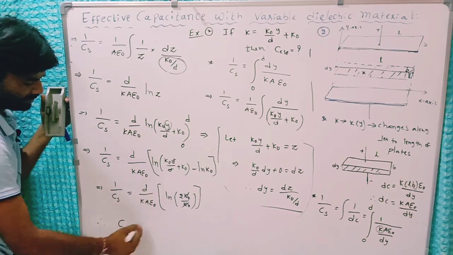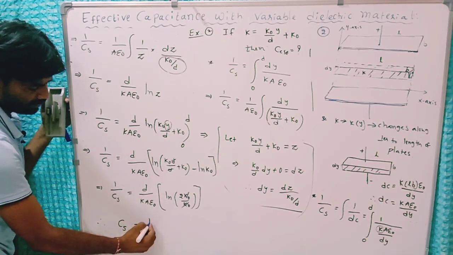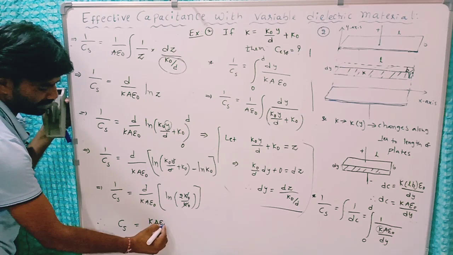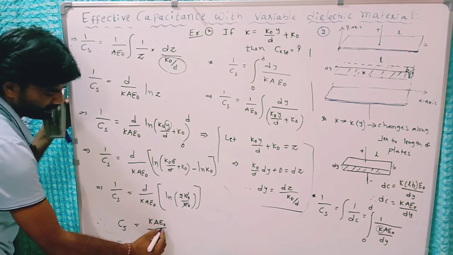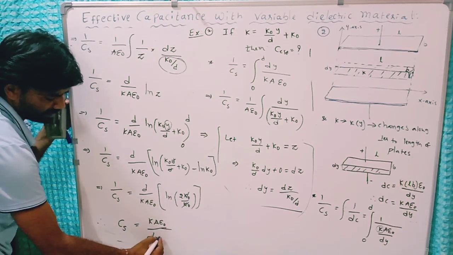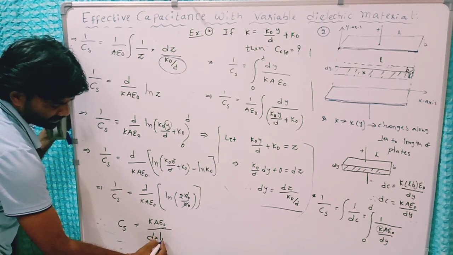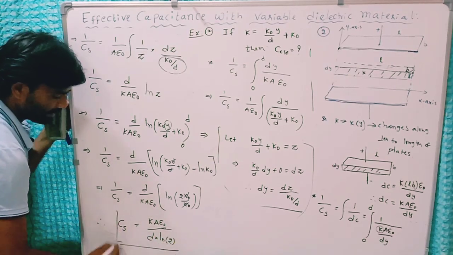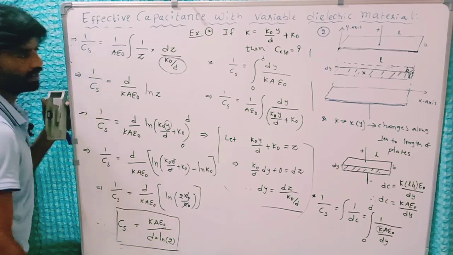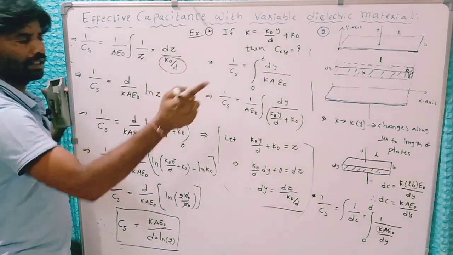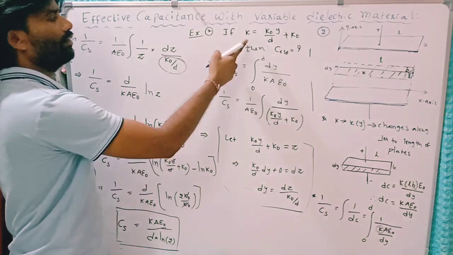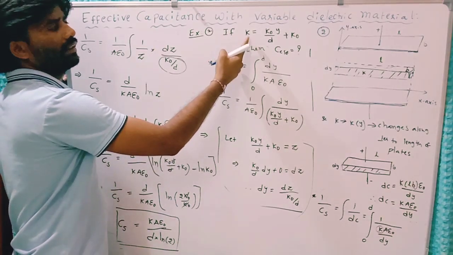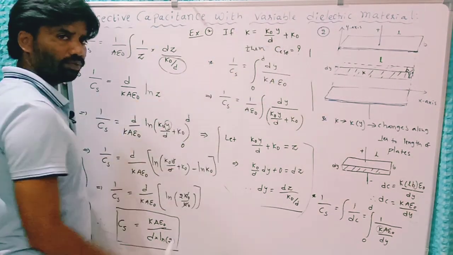Take the reciprocal of this: Cs equals K A epsilon naught by d, and this term, ln 2, is in the denominator. This is the equation for the effective capacitance of a capacitor whose dielectric constant changes according to this equation along the y direction.